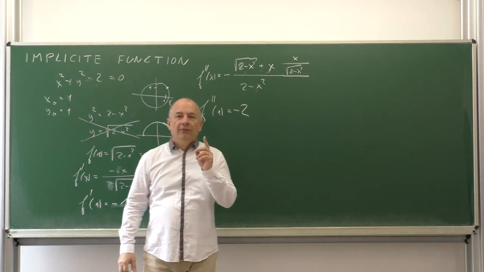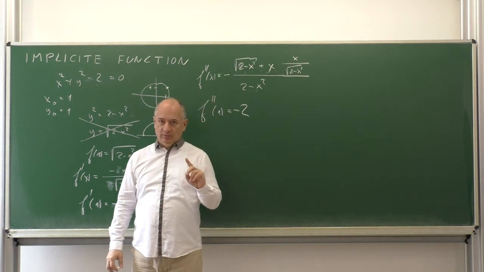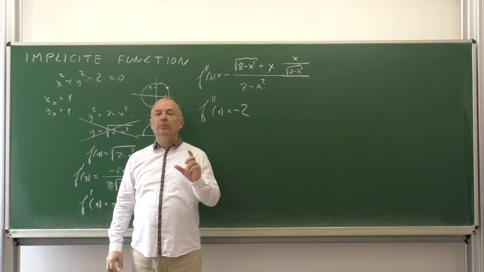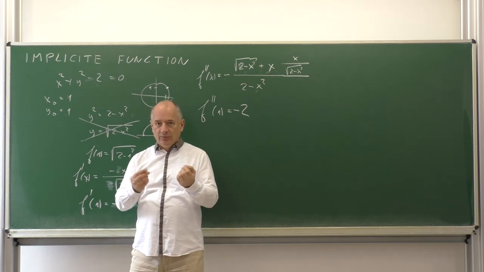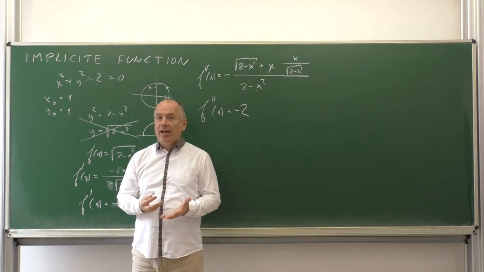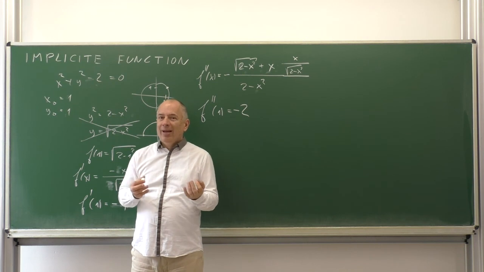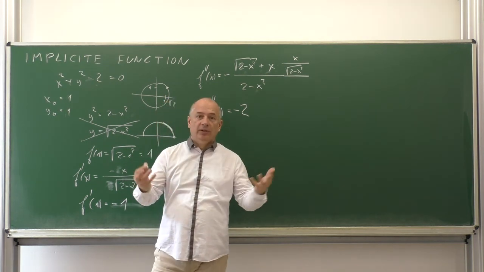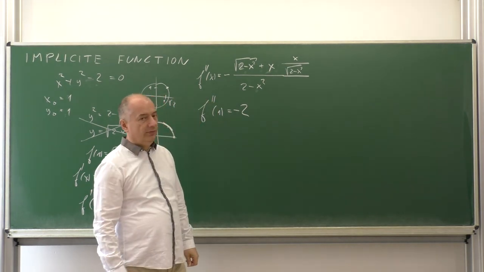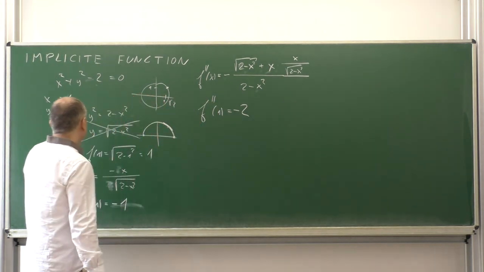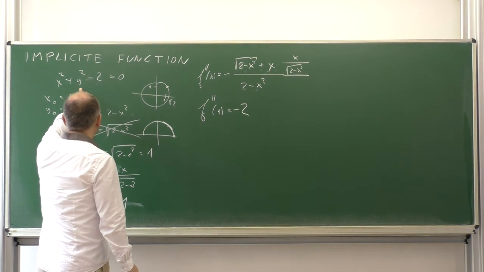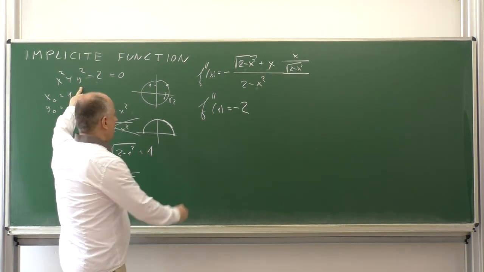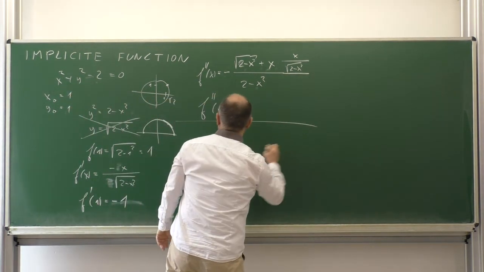But the function, in the sense the dependence of the two variables, is there. Y depends on x. Just we have not the nice formula for that. We have no formula for that.